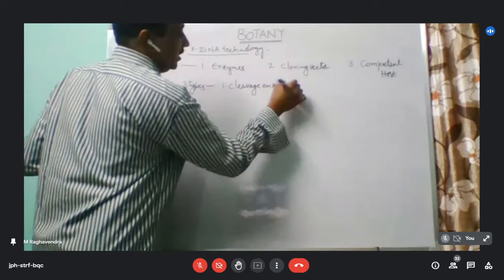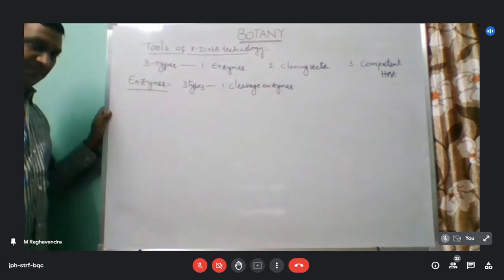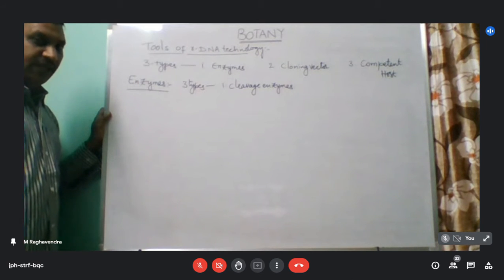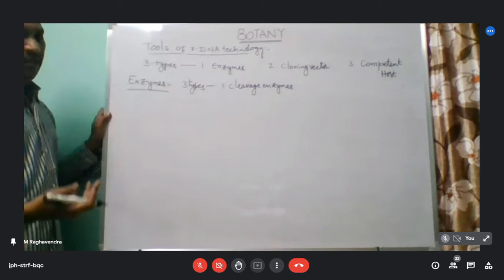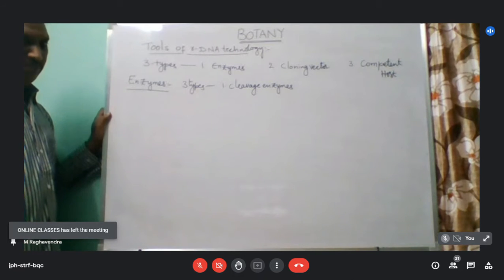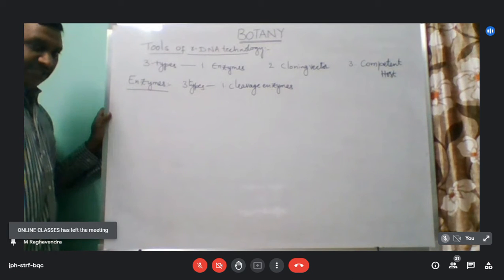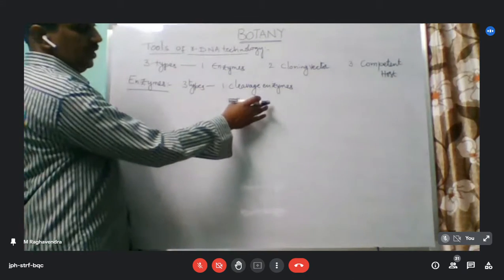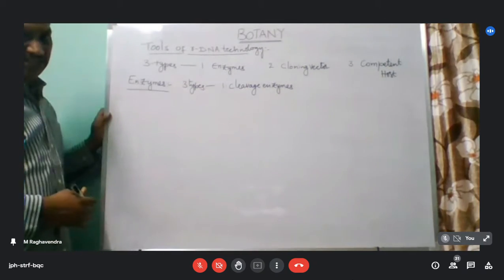Cleavage means cutting, so cutting enzymes. We know that DNA has to be cut into fragments for isolation of our desired gene. So to get the desired gene, we have to cut DNA into fragments. Those belong to this category, cleavage enzymes.